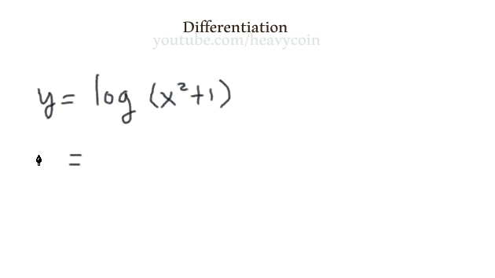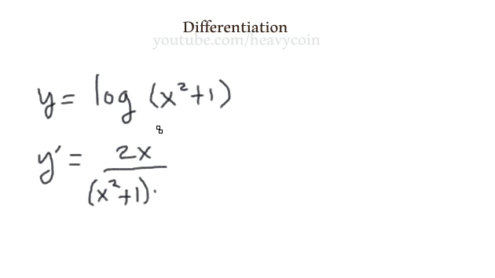So we are asked to find y prime. We take the derivative of what's in parentheses, which is 2x. We rewrite what's in parentheses, and of course I'm going to write that in parentheses, times, now remember there's a 10 here even though it's not written, the natural log of 10. Okay?